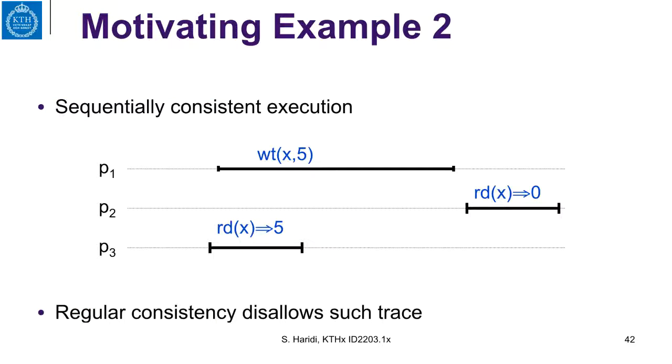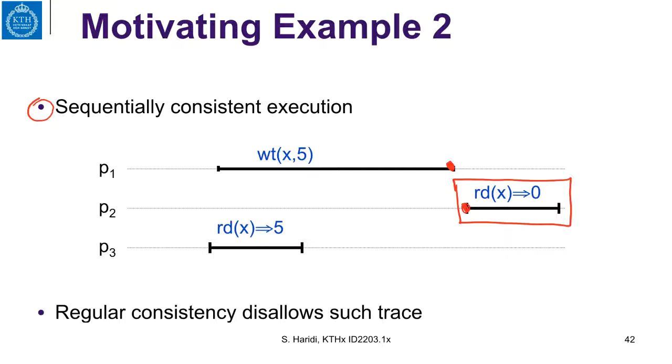Now, here is a sequentially consistent execution, but in fact it is not regular, because regular consistency does not allow this read to return the value 0. This read happens after the write operation, which means that the invocation of this read happens after the response of the write, and regular consistency requires P2 to return the value 5.